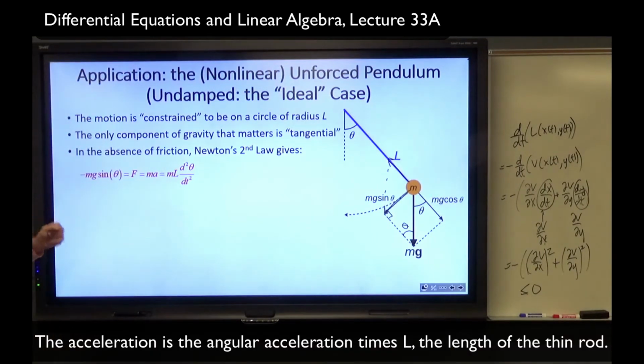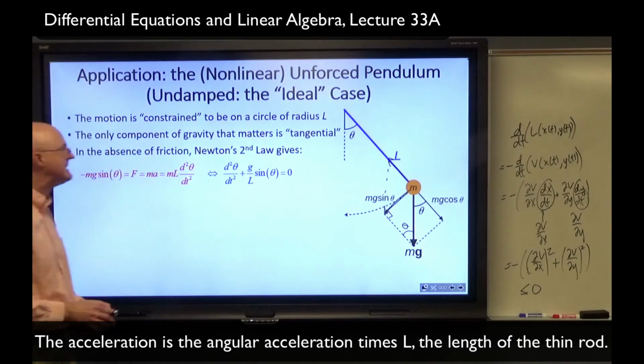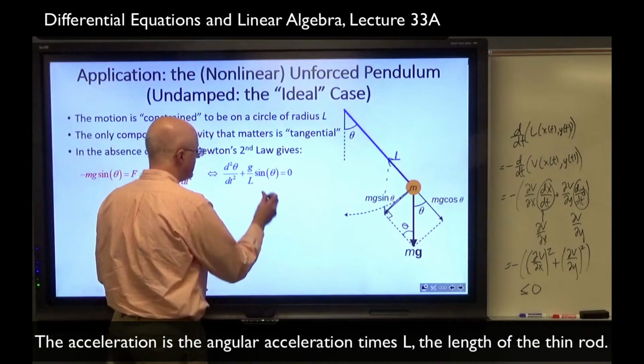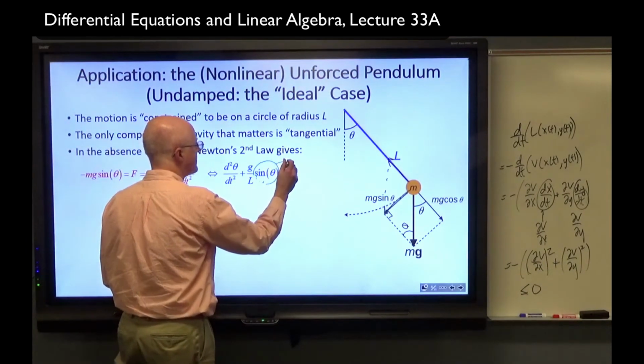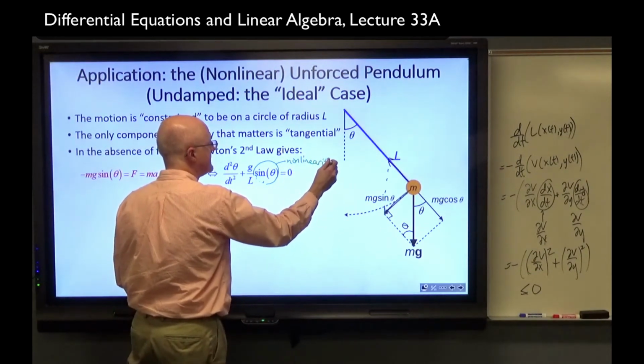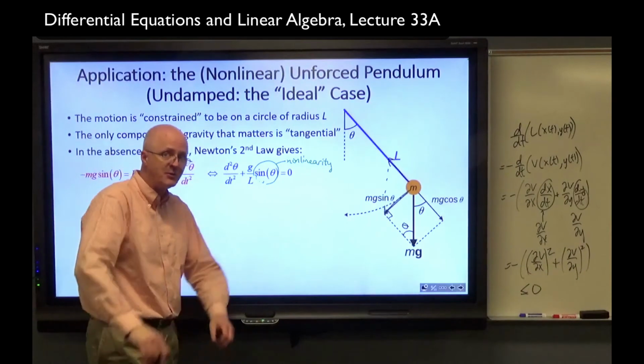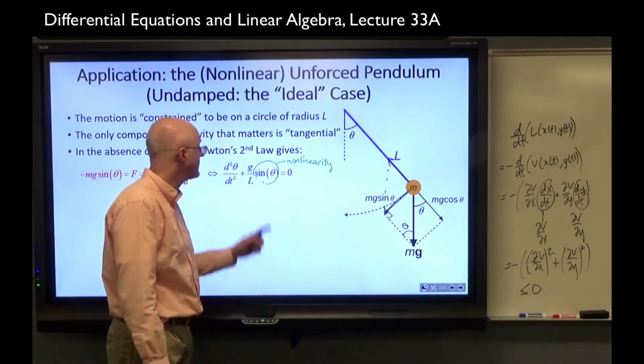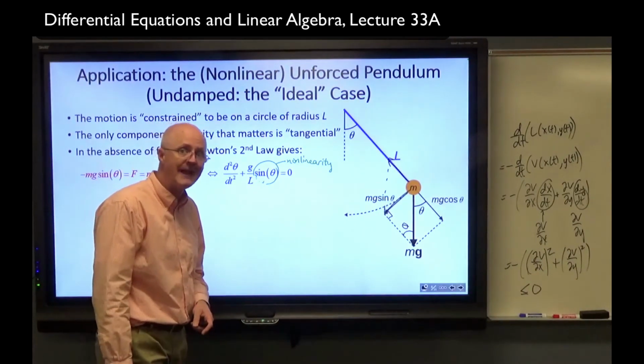Negative sign is needed. Think about why that's the case. Cancel the m's, divide both sides by L and rearrange, and you can write it this way. This is a nonlinear equation. Sine theta is your nonlinearity. It's not a nonlinearity in the independent variable t, which we do allow for linear equations. It's a nonlinearity in the dependent variable theta.